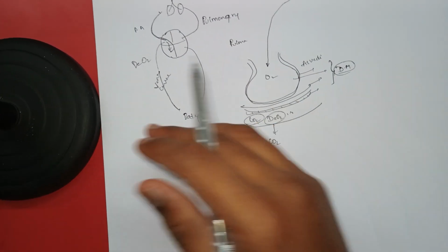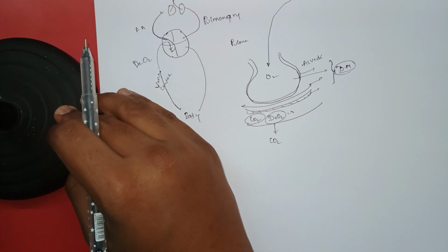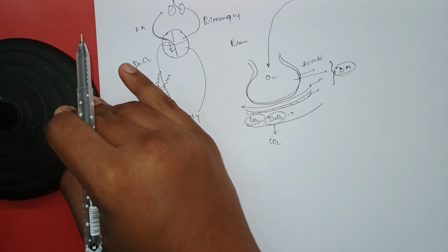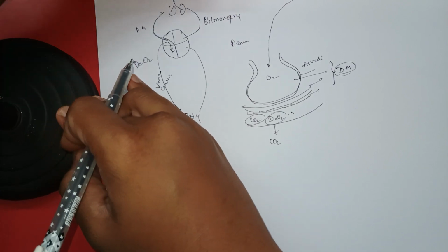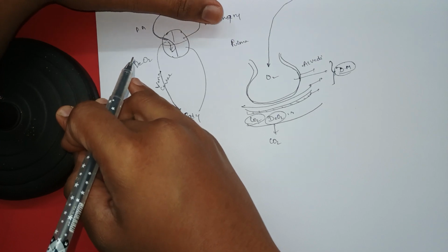It usually contains 3 layers, but it is only 1 mm thick. That is your diffusion membrane.